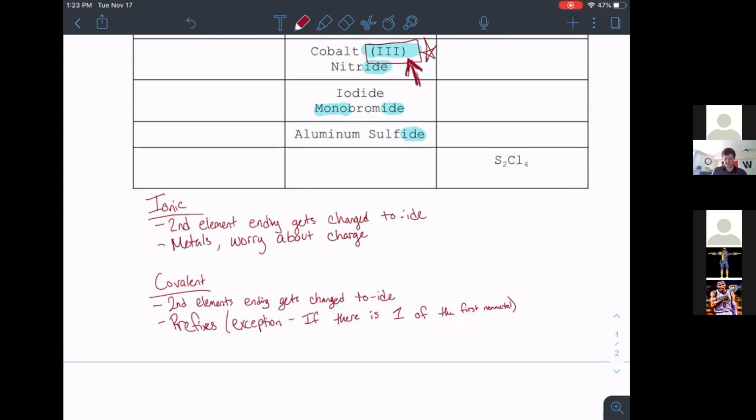Okay, specifically or especially, what kind of metals? Transition metals, perfect. Because what do they get? If it's a transition metal, what might we have to put on them? Roman numerals, perfect.